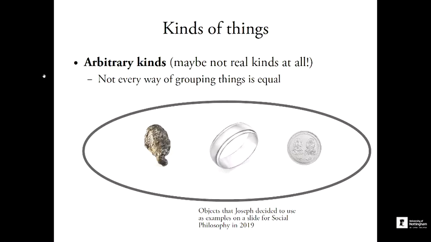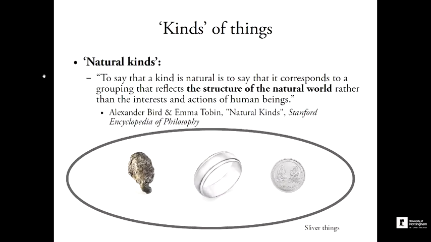Do we even really want to say that kind of thing that each of these things are objects that Joseph decided to use as examples on a slide for social philosophy in 2019? You might think not. You might think that these aren't even real kinds at all. Real kinds, you might want to say, are something like natural kinds. So when we think about silver and think about calling these silver things, you might think that's a natural grouping.